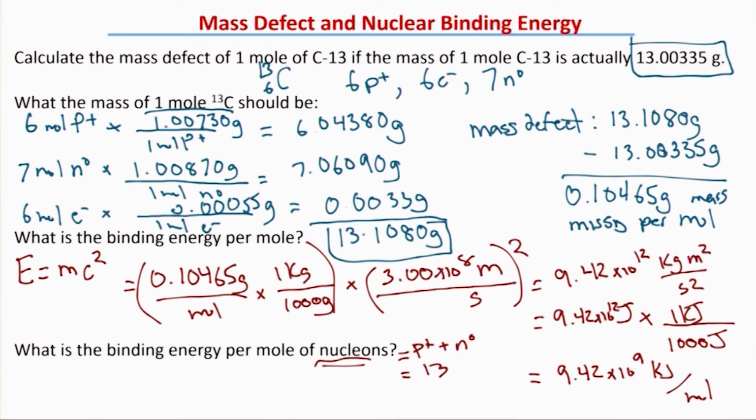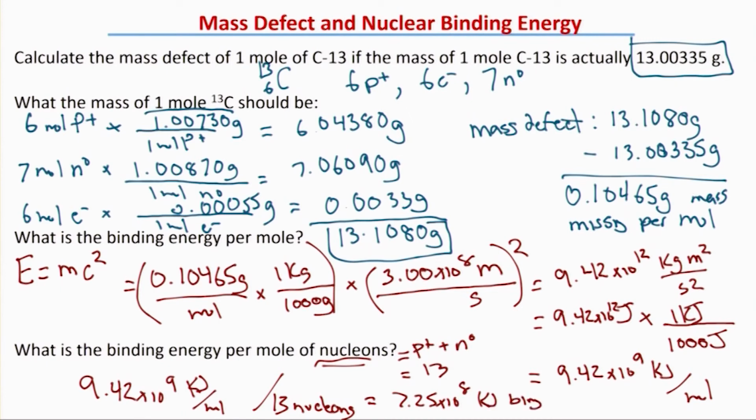So take our number that we just got, 9.42 times 10 to the 9th kilojoules per mole, and then you're dividing by 13 nucleons, and you get 7.25 times 10 to the 8th kilojoules of binding energy per mole of nucleons.